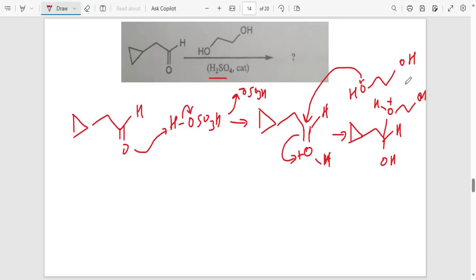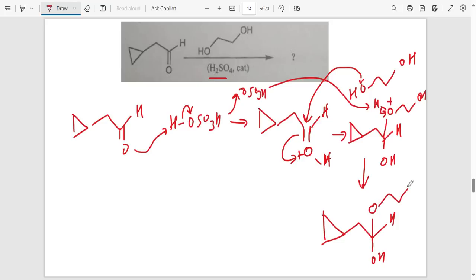So this same guy can come in and remove this hydrogen here, and that breaks off this bond. So I have hydrogen, we have got OH, then we have got oxygen, with another oxygen there. Okay, so what we have formed here is known as the hemiacetal.